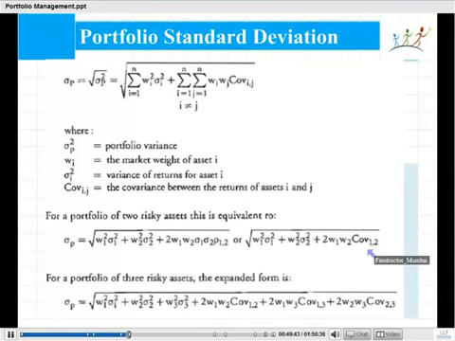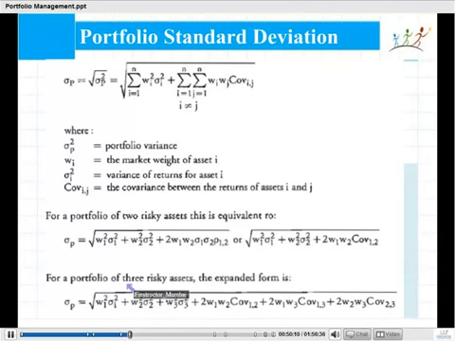Covariance can also be written as correlation into the product of the standard deviations. Please watch the video on quantitative analysis again. We have given the matrix approach on how to remember these formulas for 2 asset, 3 asset, even 4, 5 asset portfolios. You will see the matrix approach on how to remember these formulas in that video.